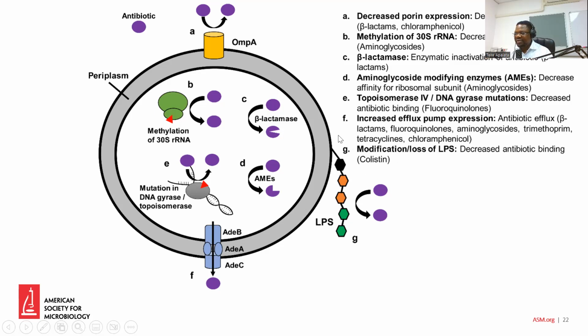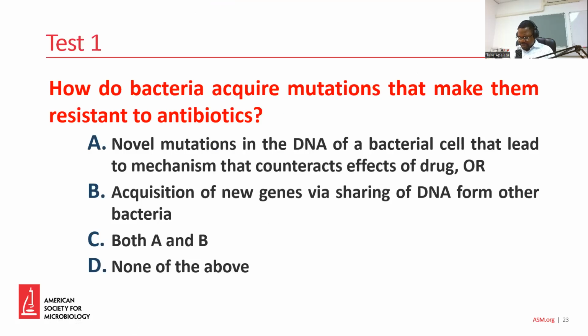So colistin develops resistance by actually decreasing antibiotic binding specificity with the lipopolysaccharide. So those are different mutations that lead to different things, and we have different antibiotics that can be affected through that particular mechanism.